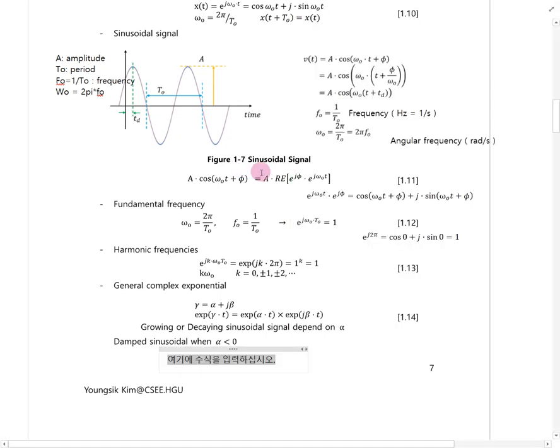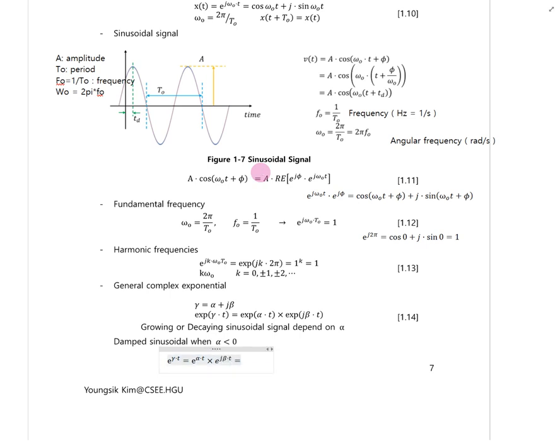At this moment, I calculate the exponential of gamma t. This can be expressed as e to the alpha t times e to the j beta t.